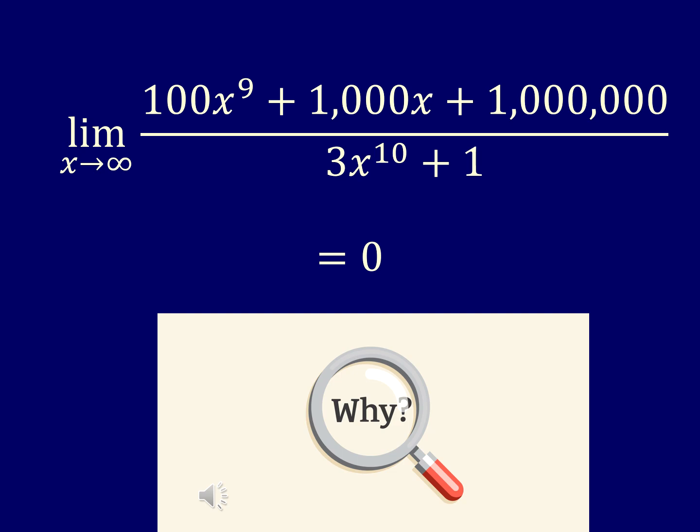And it's actually not that hard to figure this out. If you take a big number to the 9th power, you're going to get a big answer. But if you take a big number to the 10th power, you're going to get an enormous answer.